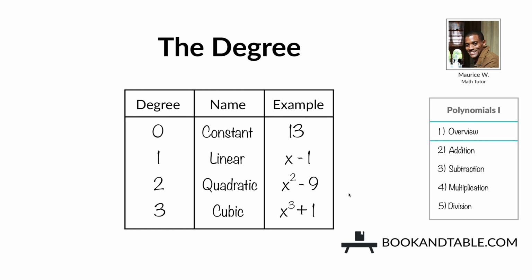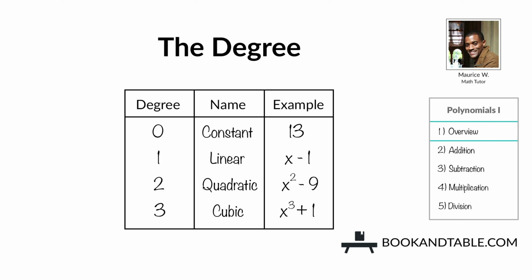Some special polynomials. A constant, again, which is a number, has a degree equal to 0. A polynomial is considered linear if the largest exponent in the polynomial is equal to 1, such as x minus 1. The exponent of x here is 1, so the degree of that polynomial is 1.